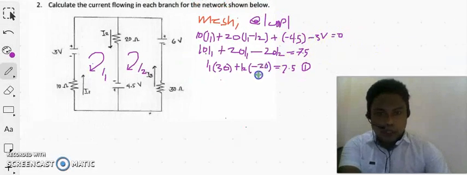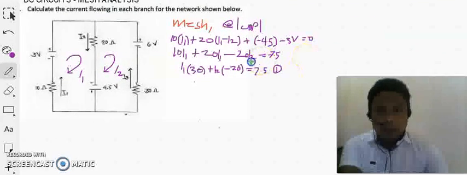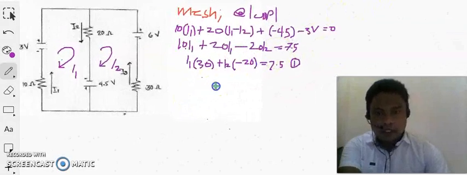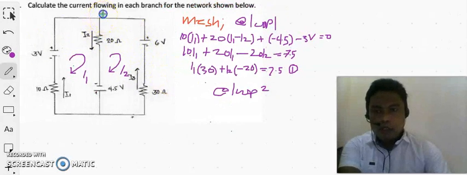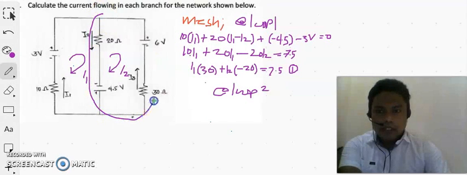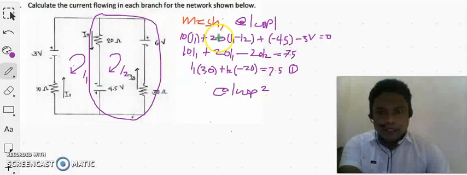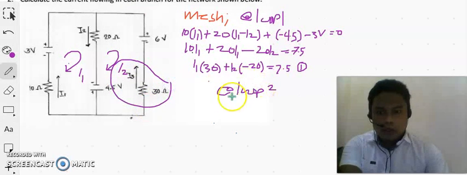For now, we're going to proceed to loop number 2. So we focus on the circuit again, the second loop, loop 2. You need to analyze that for the 30 ohms resistor, the current flowing is I2.